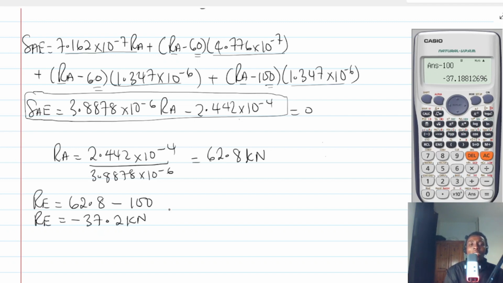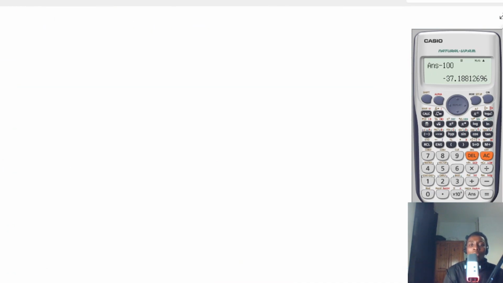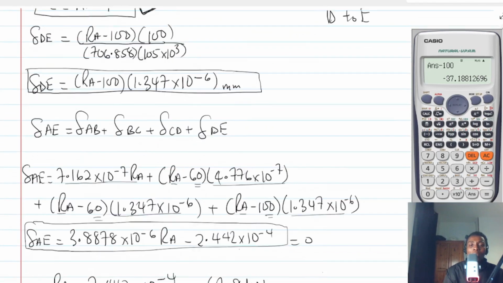The fact that we are getting negative means that RE is actually 37.2 kilonewtons, but the direction will change. It means that RE is actually supposed to come somewhere here. So that is RE for you.